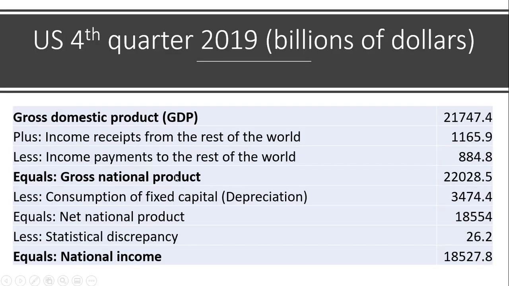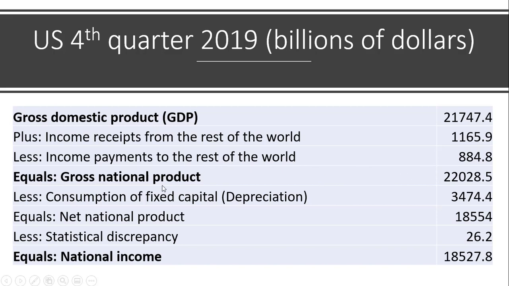And in this last slide, I have U.S. fourth quarter 2019 data. This is in billions of dollars, so gross domestic product here was almost 22 trillion. If we add to that income receipts from the rest of the world and then subtract income payments to the rest of the world, you have gross national product.